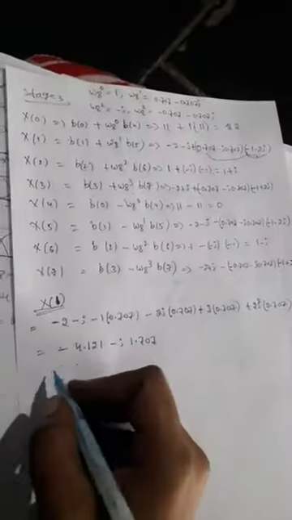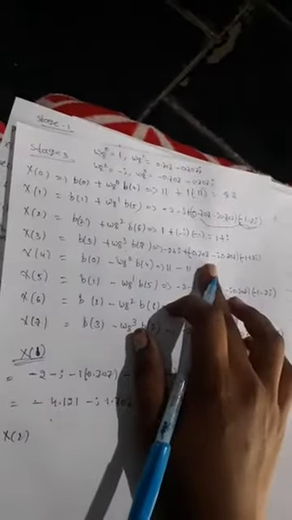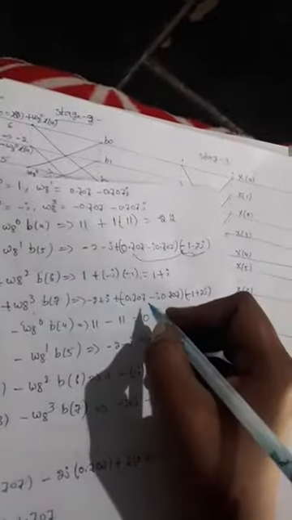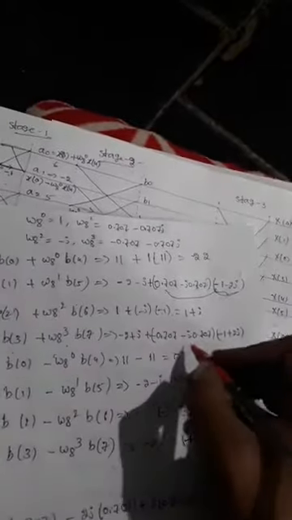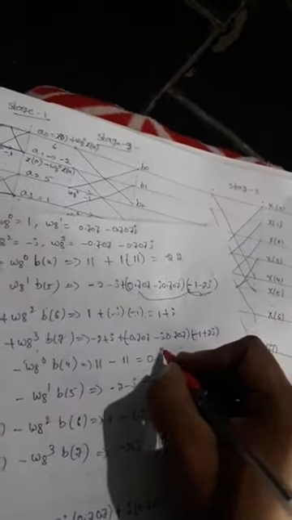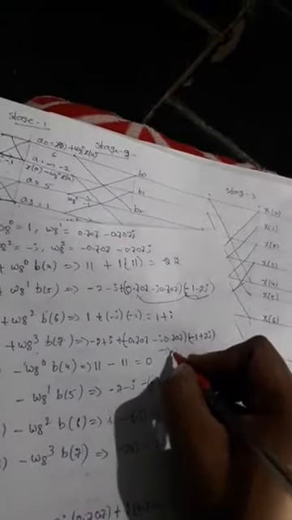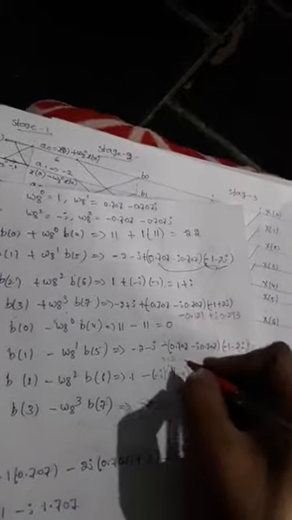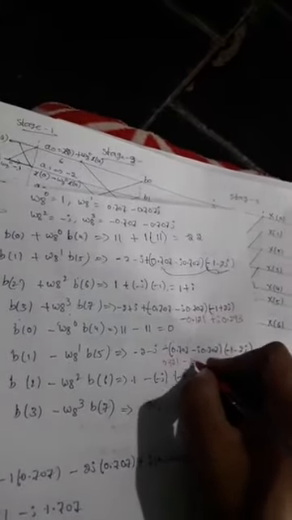Similarly, next step, x of 2 value is directly 1 plus j, and next x of 3 value also can be simplified like this. The value in x of 3 is minus 0.121 plus j 0.293, and x of 5 value is 0.121 minus 0.293j.